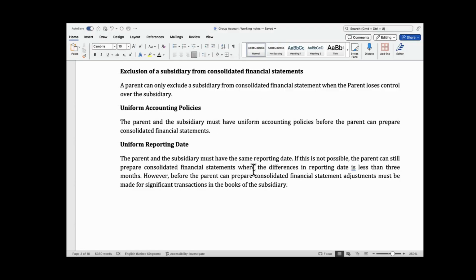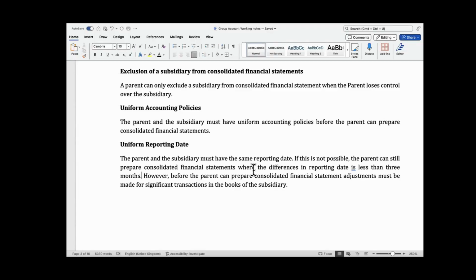So we need to then ensure that we make adjustment for significant transactions between those dates, just so that all major transactions still align to the parent reporting date. All major transactions still align to the parent reporting date.